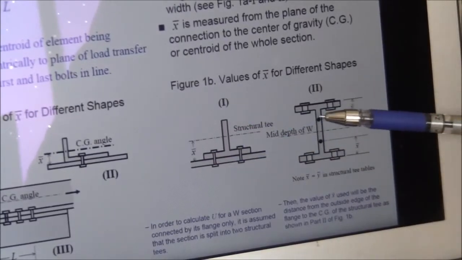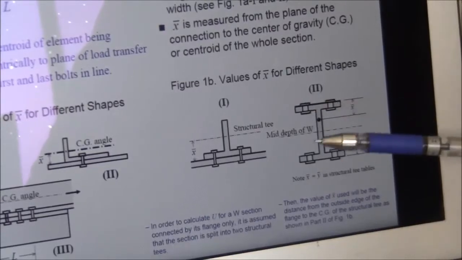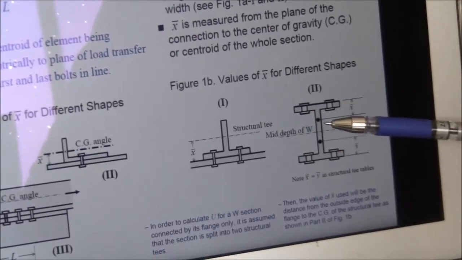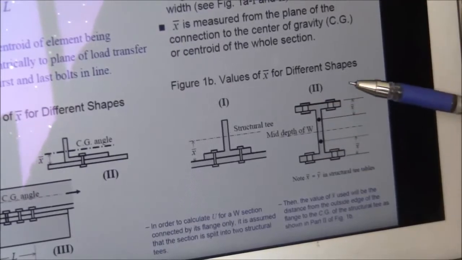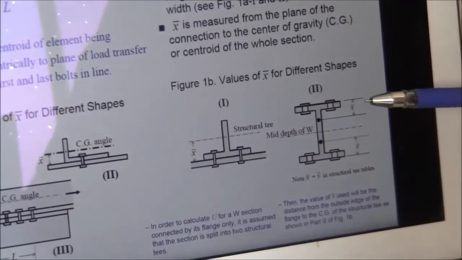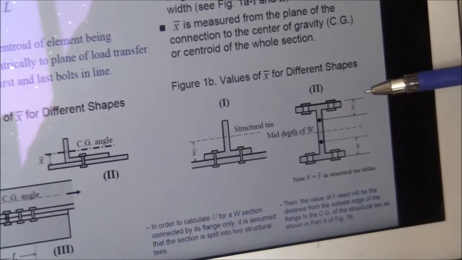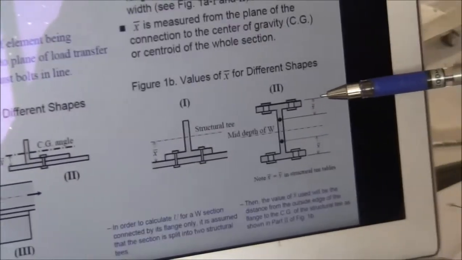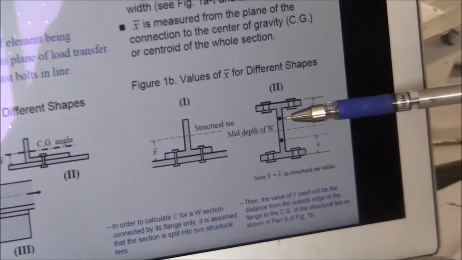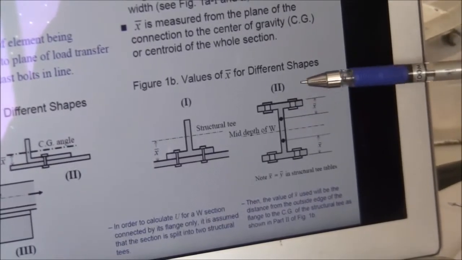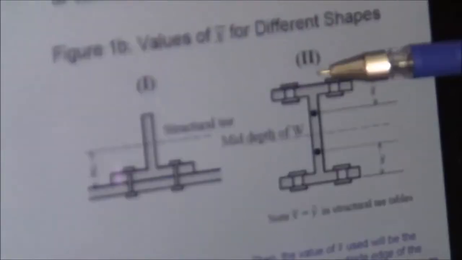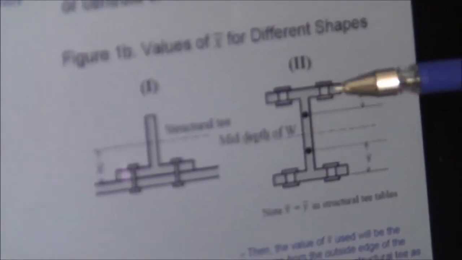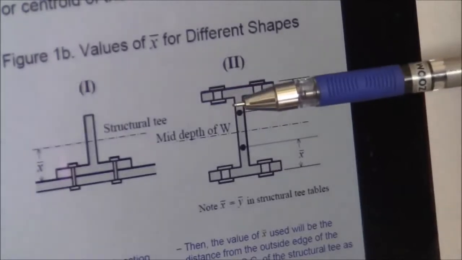Or if you are connecting a W shape through the flange only. If we're connecting through the web also, U equals 1. But if we are connecting through the flange, this is x bar of the W. We deal with the W shape like two T's, so x bar for the W shape will be for its half. It's the distance from the plane of transfer of the tensile load to the centroid of the T, or half of the W shape.